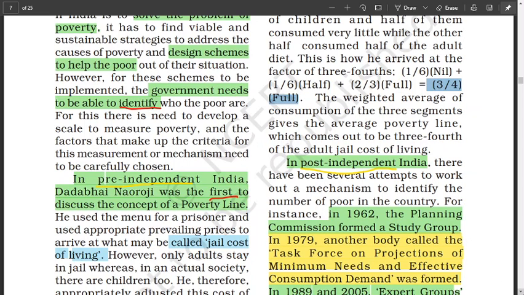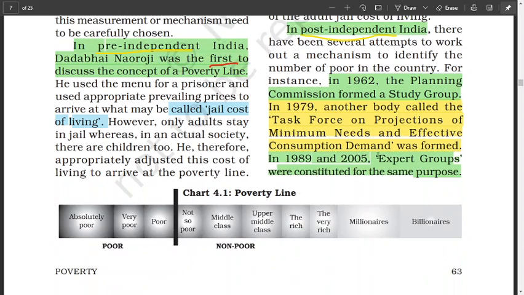But post independence, in 1962, the Planning Commission started a study group to find the definition of poverty line. In 1979, a task force on projections of minimum needs and effective consumption demand.